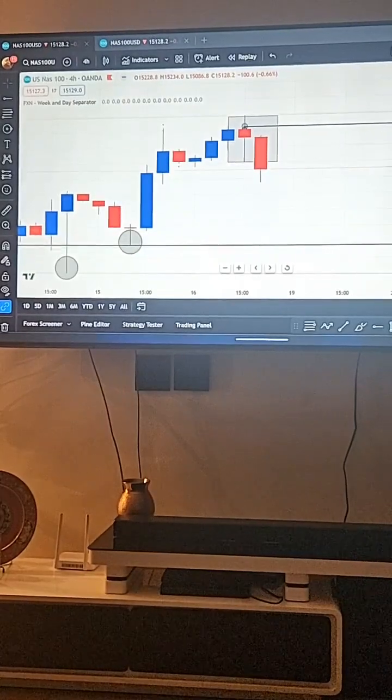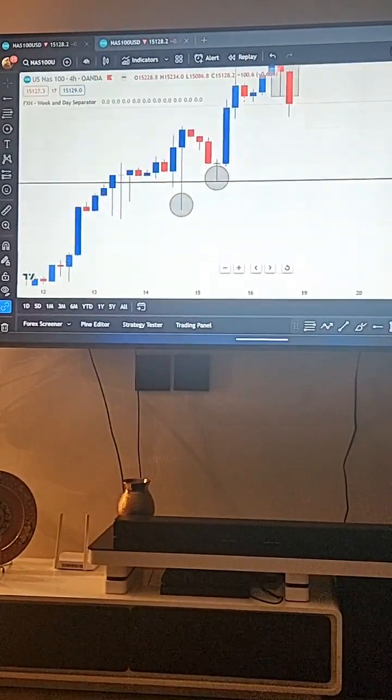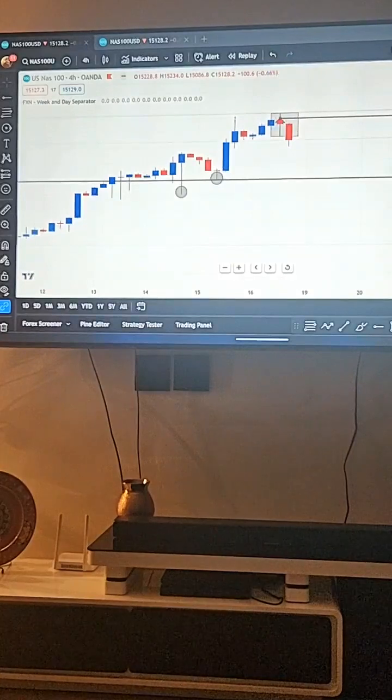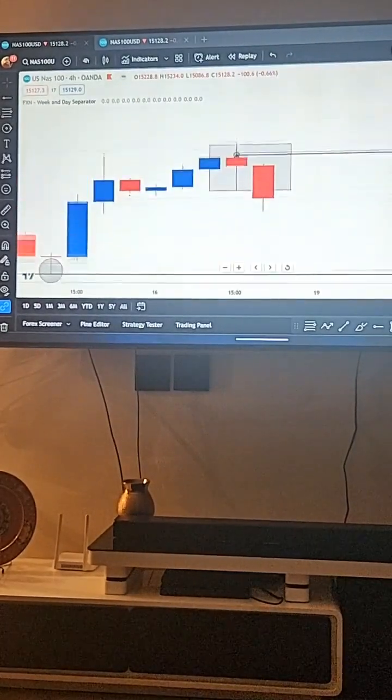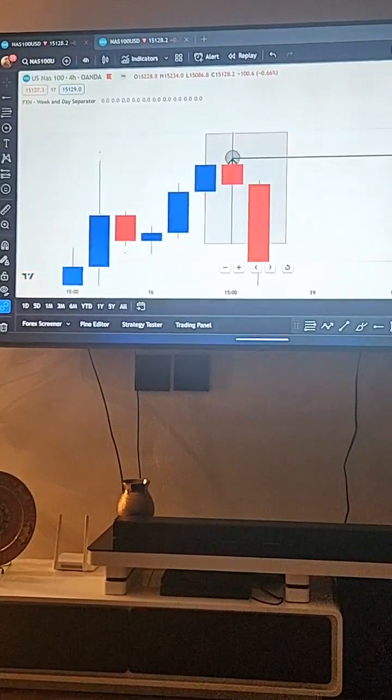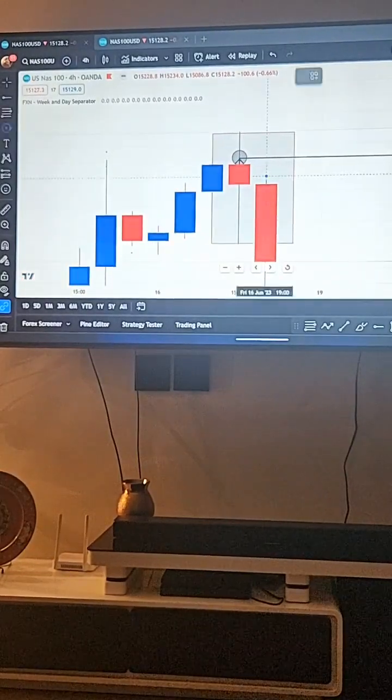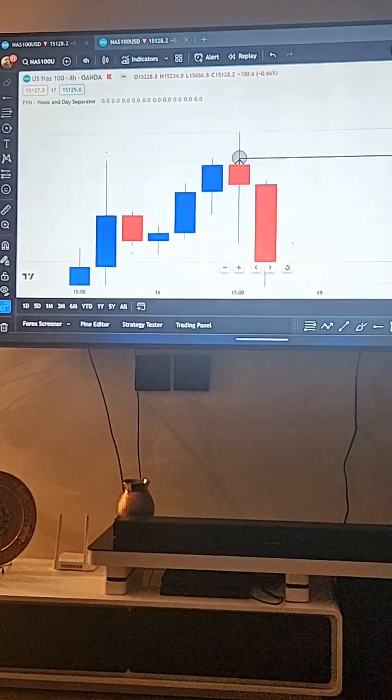So for now, I know that I am going to target the liquidity, right? Because if I look over here, I have taken what needed to be taken. If we take away this box, for me, price is going lower. Why? Because they've purged.